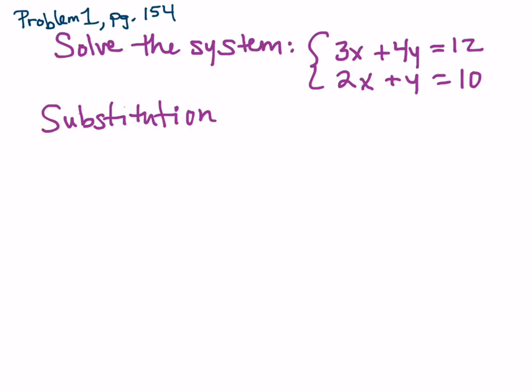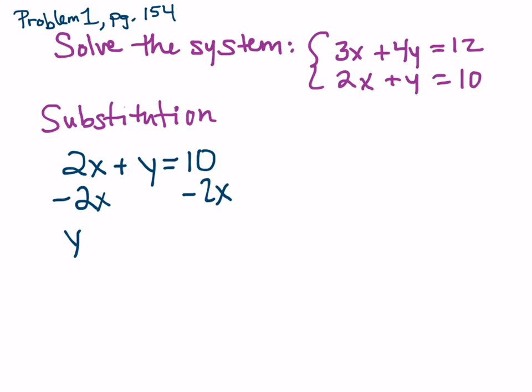I'm going to pull out just that equation, 2x plus y equals 10, and solve that for y. To get y by itself, I need to move this 2x, so subtract 2x and move it to the other side. Now what I have is an expression that's the exact same thing as y.